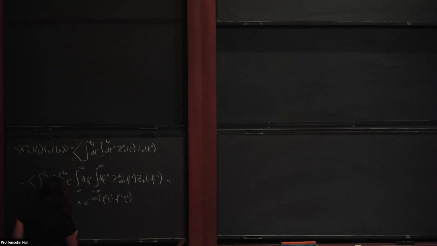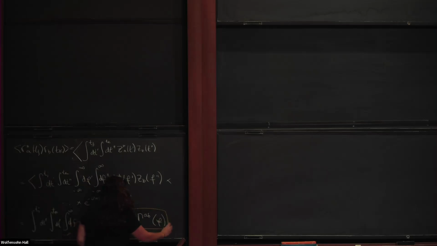And because we have the f f prime delta function, we can just say that this is some integral of df e to the minus i 2 pi f (t prime minus t double prime). And now we have h of f gamma ab of f.